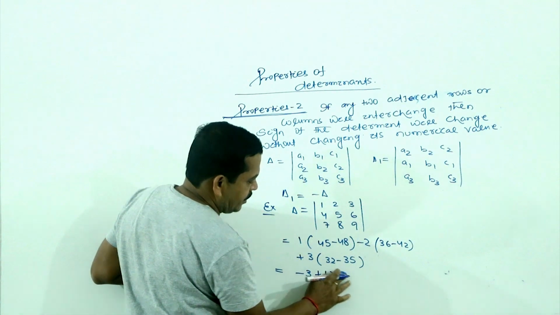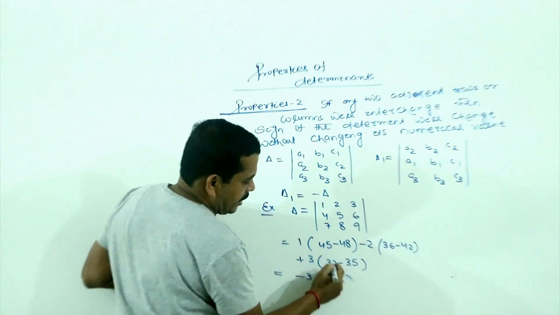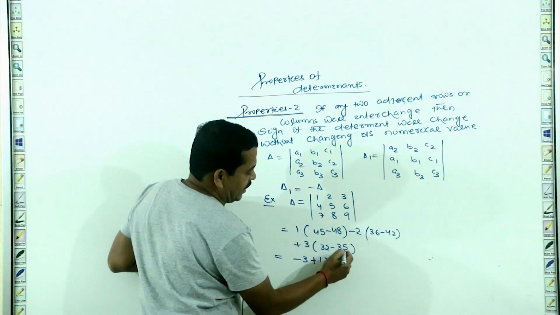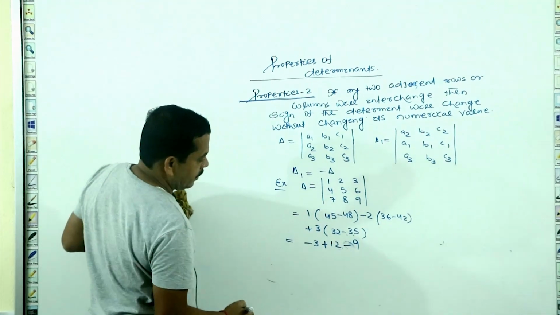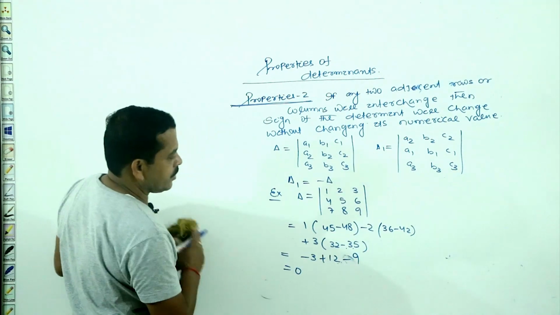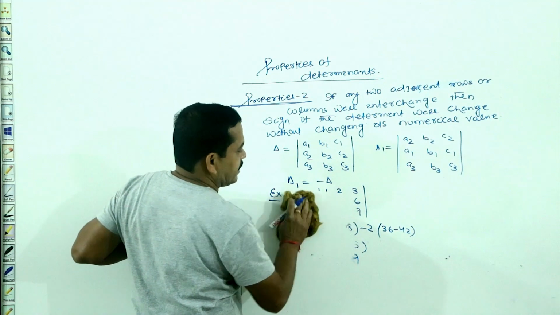Sorry, it will be 32 minus 35, minus 3, and the value will be 0. Sorry, take another example.